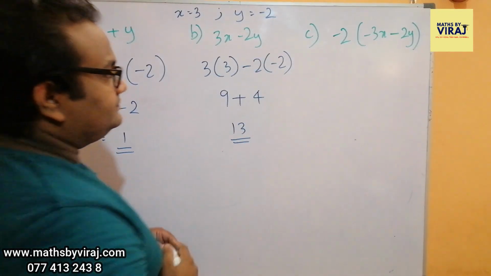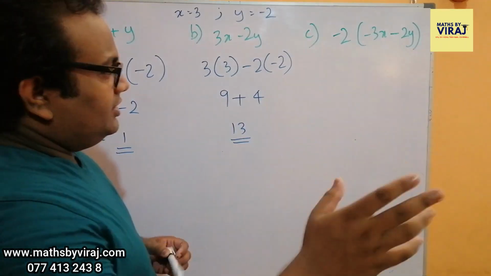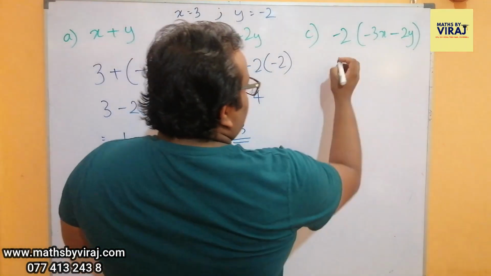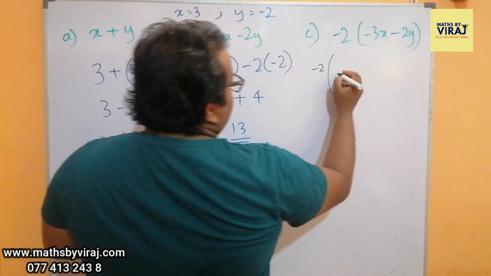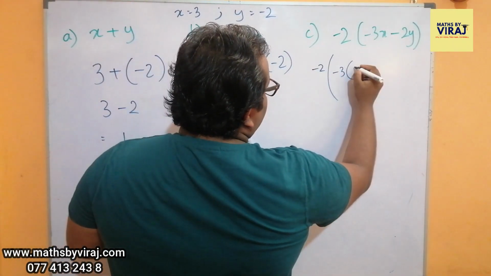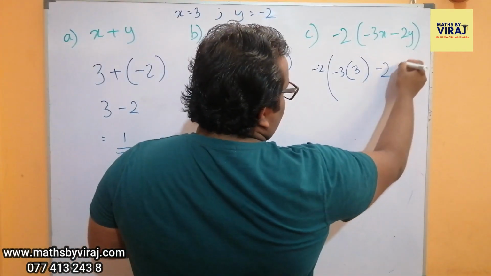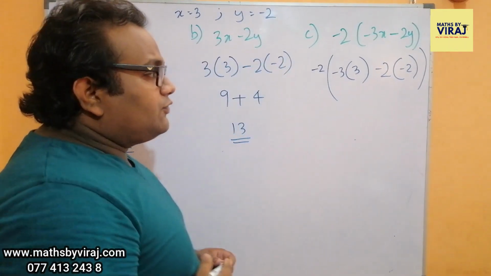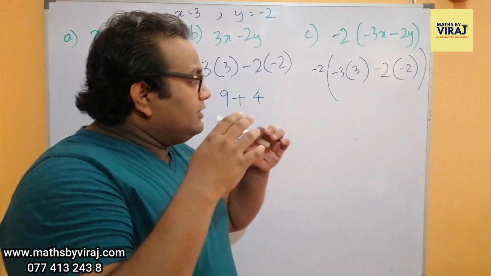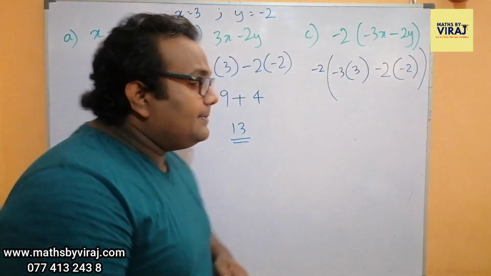Look at this. Even though the sum or the expression looks long, don't worry, it's very easy. Minus 2, open a large bracket, minus 3 multiplied by 3, minus 2 multiplied by minus 2, close the bracket. Now we know from BODMAS that we give priority to the calculations within the brackets.